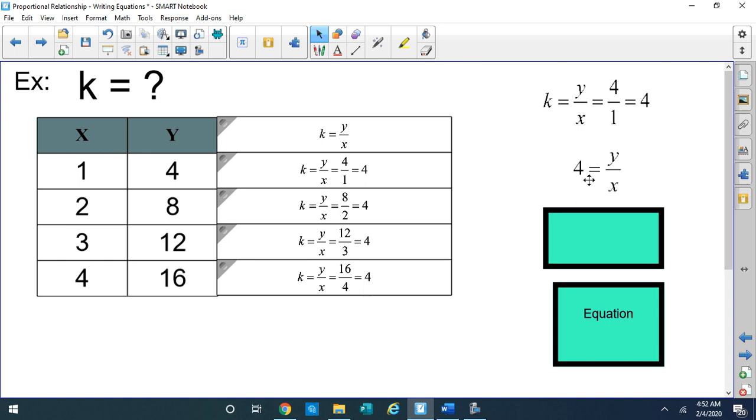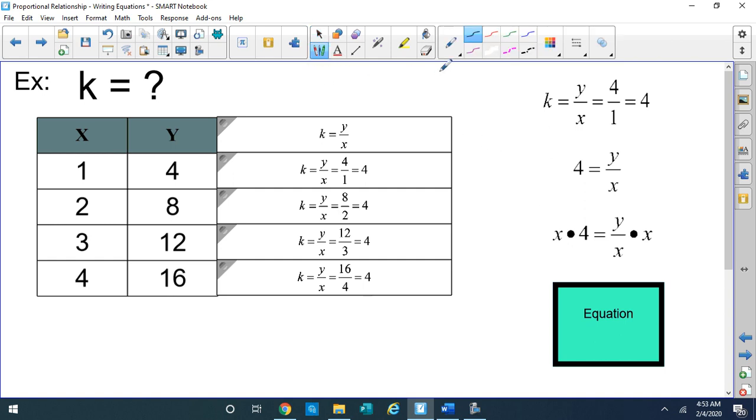Now suppose I want to get it in linear form. That means I want it equal to y. So I've got to get rid of the x on the bottom over here and solve it for y. So what I'm going to do is just multiply both sides by x. And that way the x's will cancel out over here. And let me just get a pen to show you.